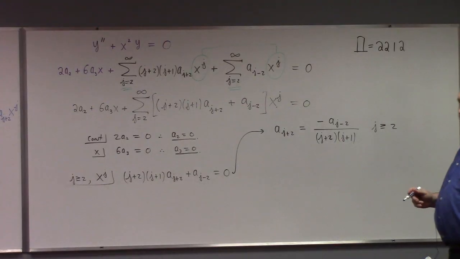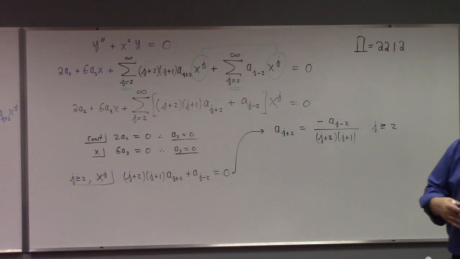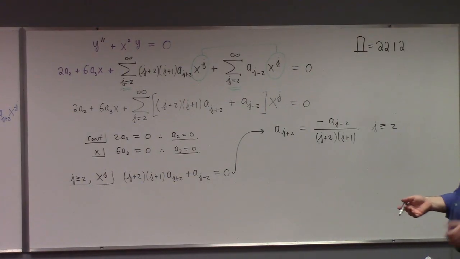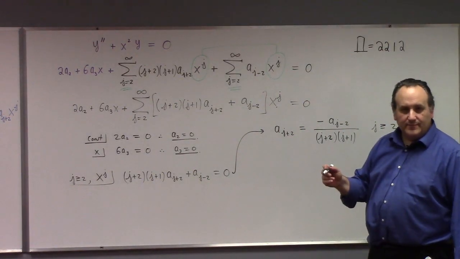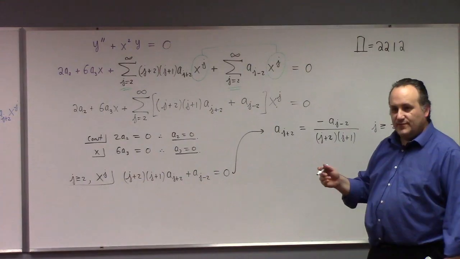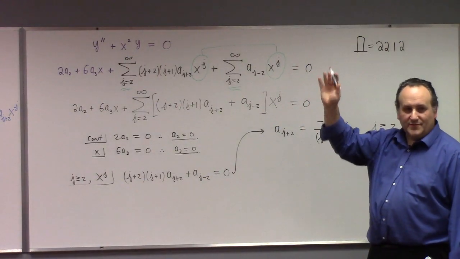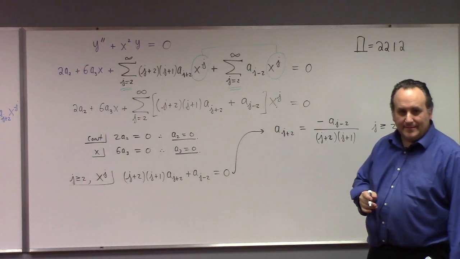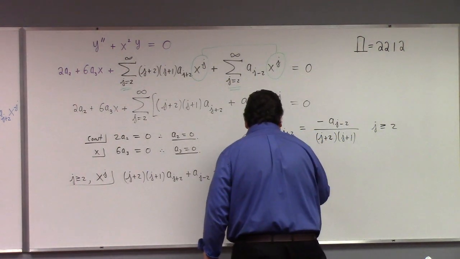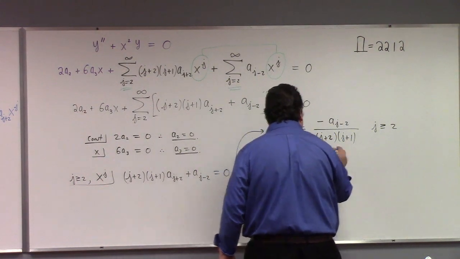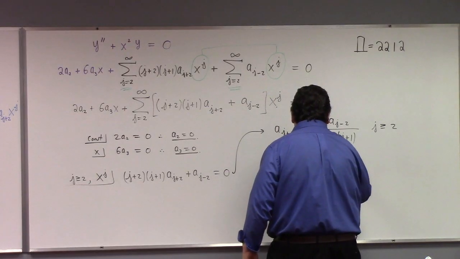I recommend that we swap out that j plus 2 for n, right? Do you want me to use m instead? Votes for m. Votes for n. The n's have it. So a sub n is minus a sub n minus what?